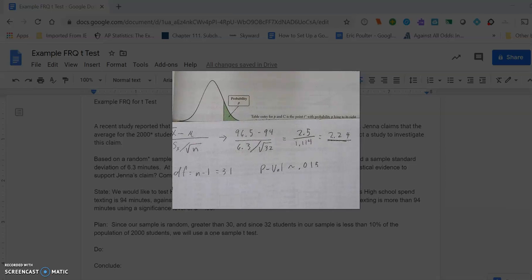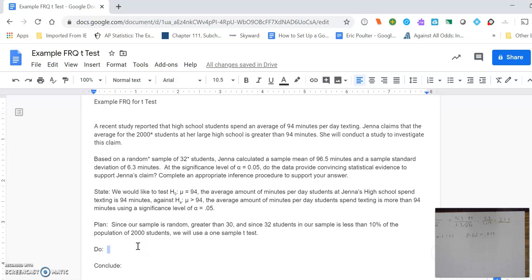So great job. With that information, we go to the do section and say our one-sample t-test with 31 degrees of freedom has a critical t equal to 2.24 and a p-value of 0.015.